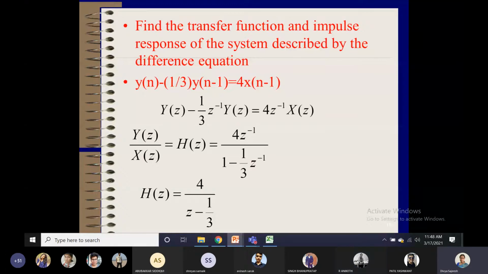So it will be left sided or right sided? Right sided. It will be a right sided equation once you take the inverse.